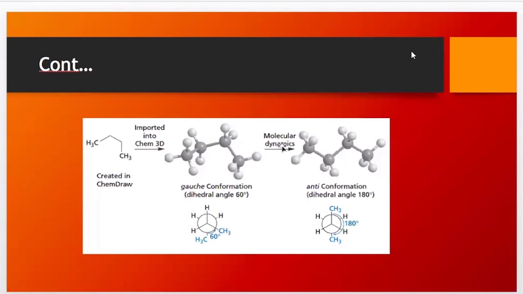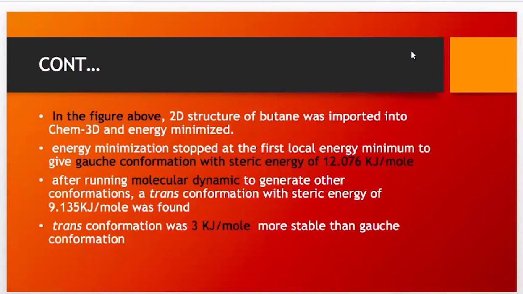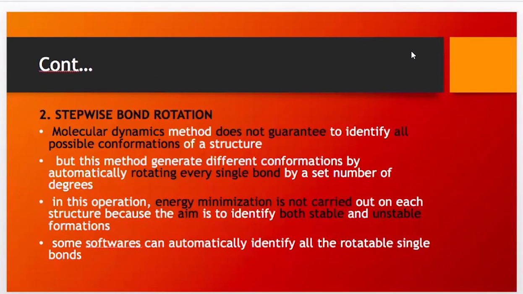So you can apply a molecular dynamics program so that it can help you obtain a more stable conformation of your structure. In this case, even an anti-conformation can be applied with a longer angle, like 180 degrees. I've explained all this in the structure. That's with molecular dynamics.